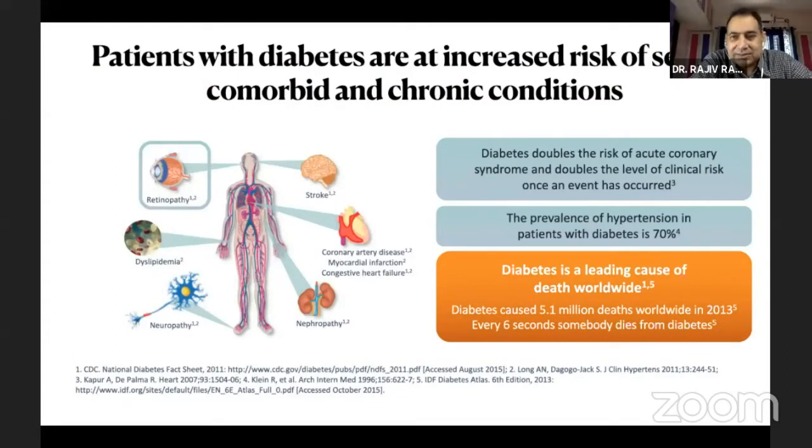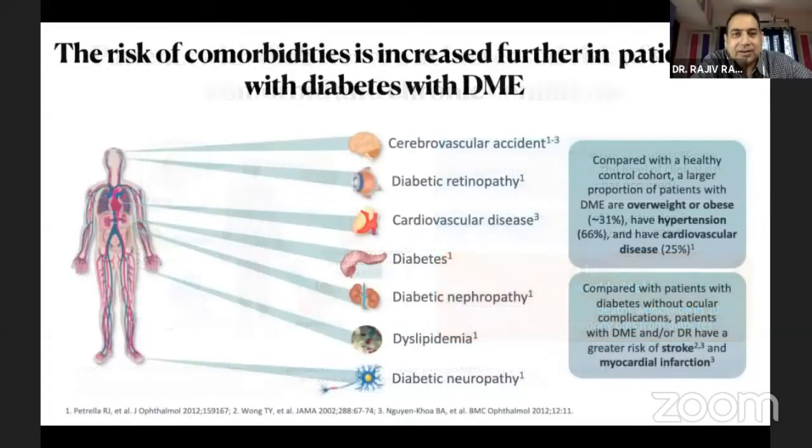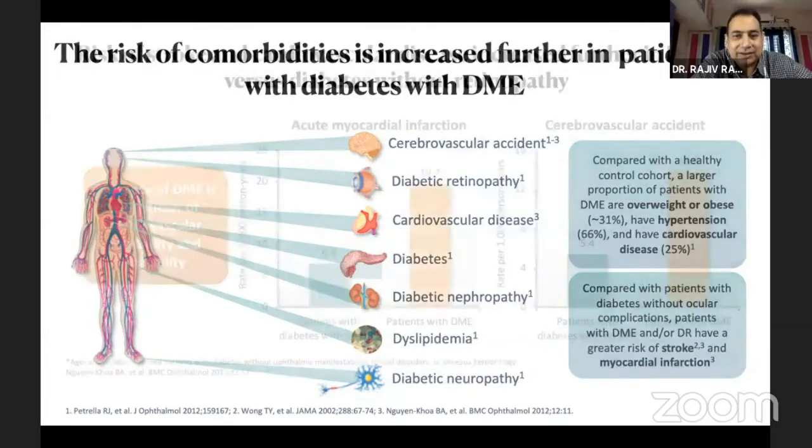We have heard that diabetes itself is nowadays considered a cardiac event because it is associated with a high risk of cardiovascular events, hypertension, and cerebrovascular accidents, and that's the reason it is a leading cause of death worldwide. There is evidence that it's not diabetes alone, but if a person has diabetic macular edema, all the complication risks are much higher compared to those without it.